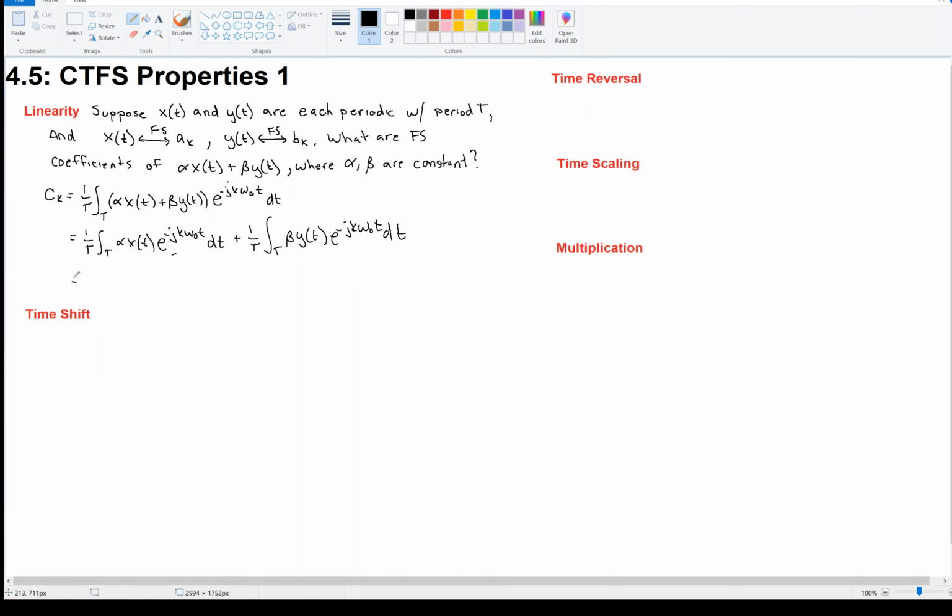And then I can even bring the alpha out, right? Bring the alpha out. And I can do the same thing over here. I can bring the beta out because it's constant. Same with alpha.